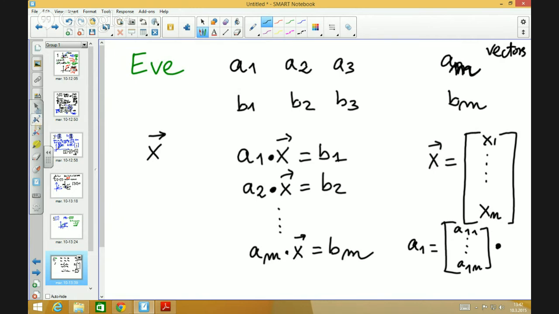Now, what is it that I have? I have B1, but if I expand it using the definition of dot product, I have something like this, isn't it? So this should be an N. And this should be B1.